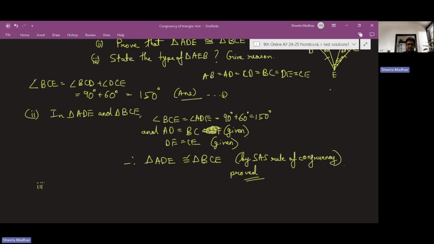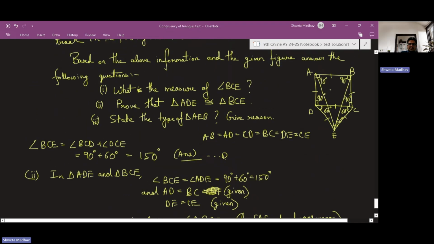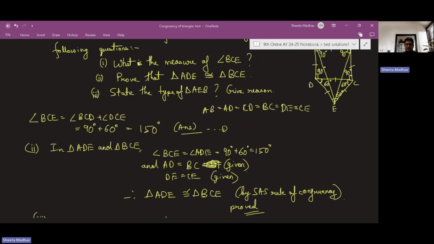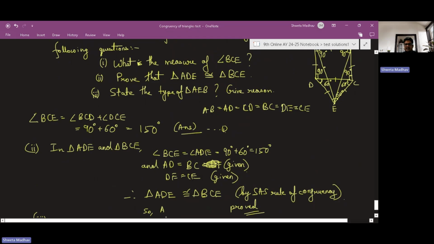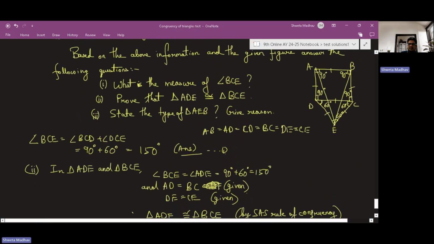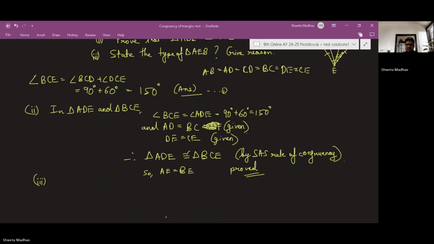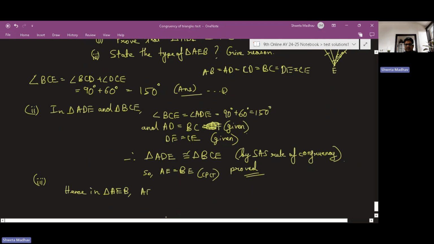And in the third part, it is asked to find the type of the triangle AEB. So from here we can say that AE is equal to BE by CPCT. Hence in triangle AEB, AE is equal to BE, which is proved above since triangle ADE is congruent to triangle BCE.